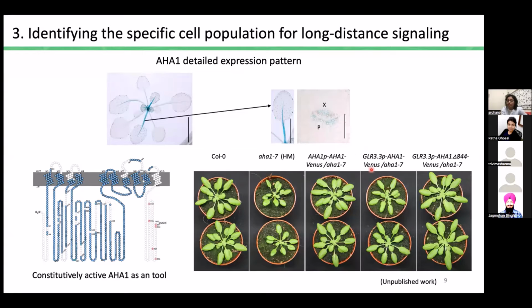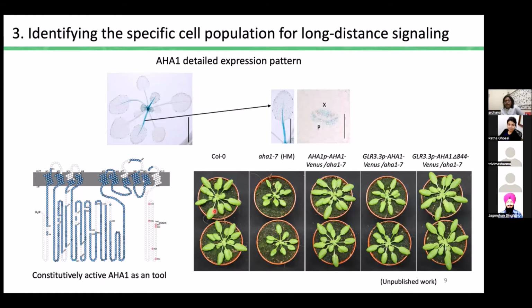We then tried to target this in a specific cell type, the phloem, using the GLR3.3 promoter. Phenotypically, it looks partially complemented for plant growth. Then we made a constitutively active proton pump by truncating the C-terminus, which we call AHA1 delta 844.